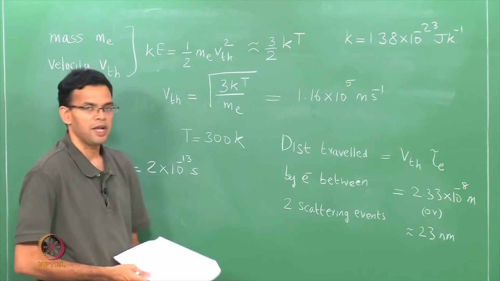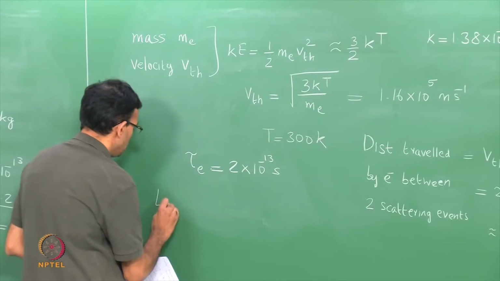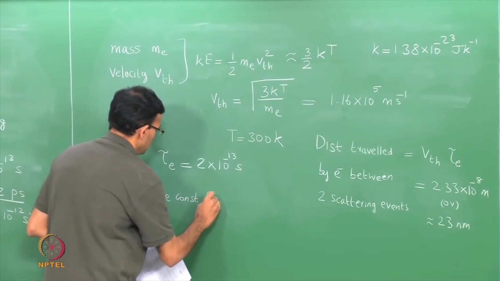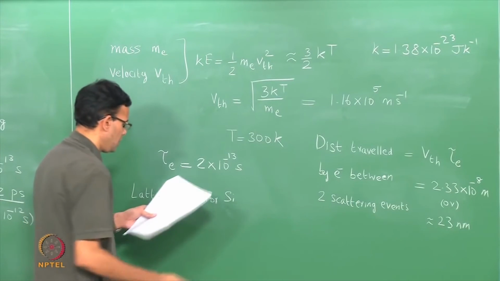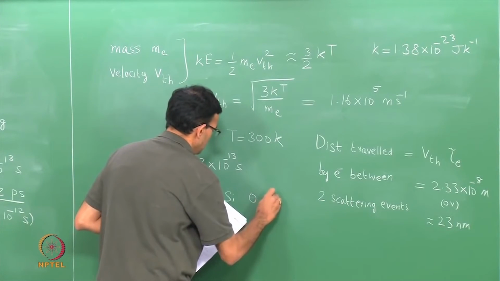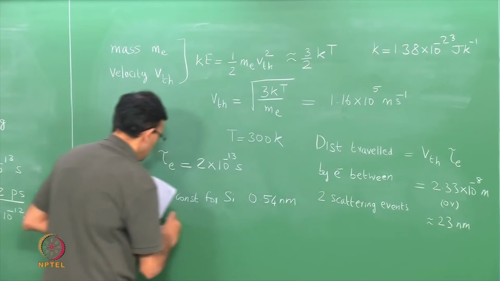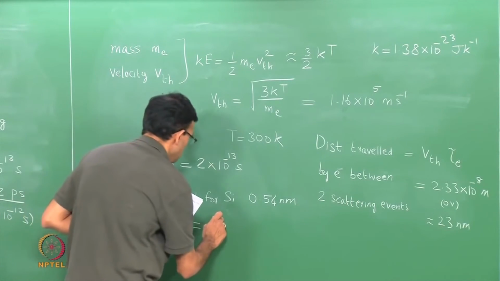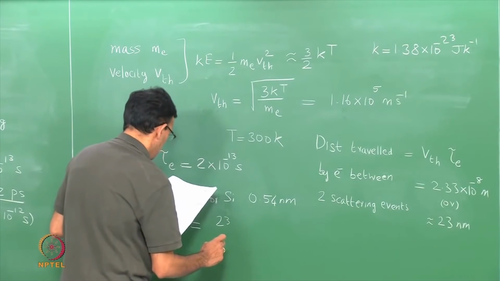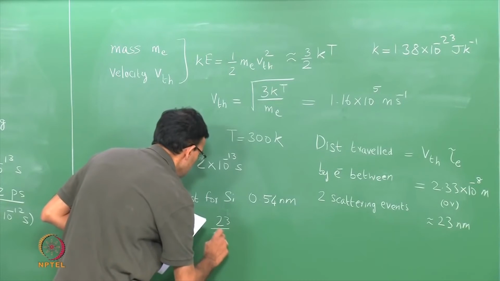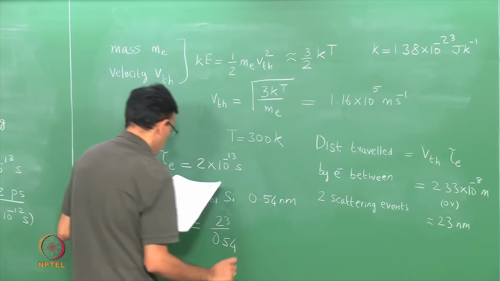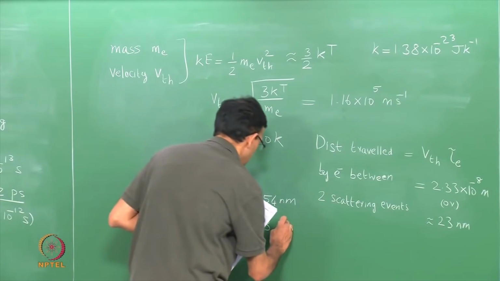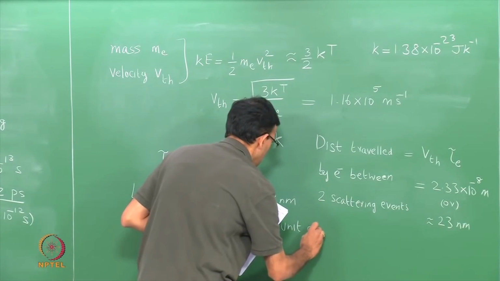To put this into perspective, the lattice constant for silicon is 0.54 nanometers. So, the distance travelled in terms of the lattice constant is 23 by 0.54, which is approximately 43 unit cells.